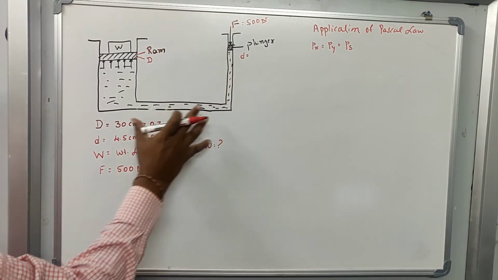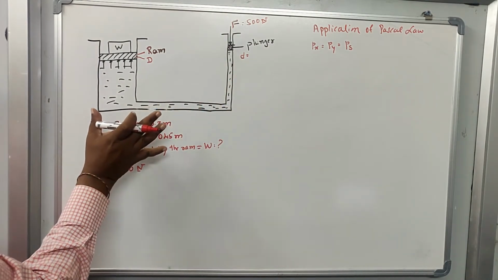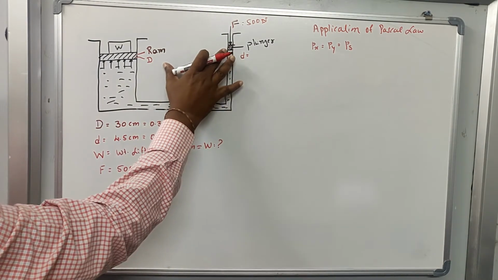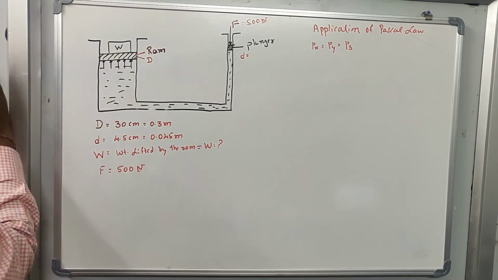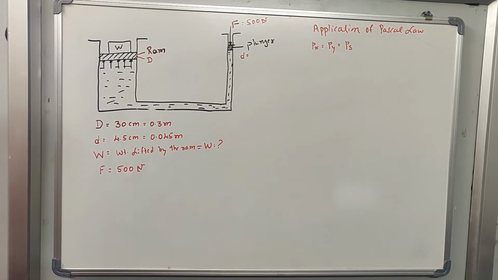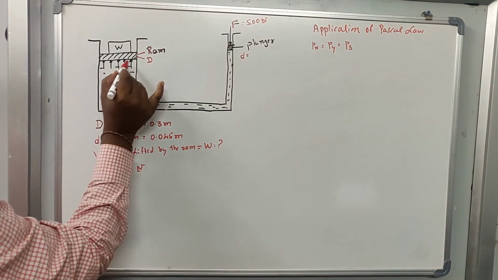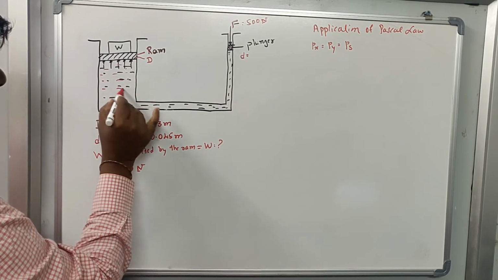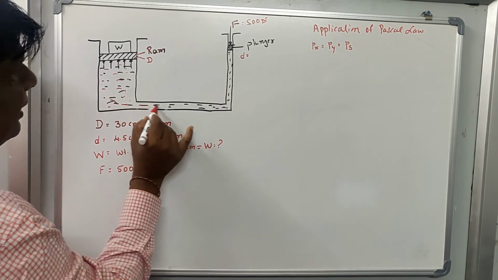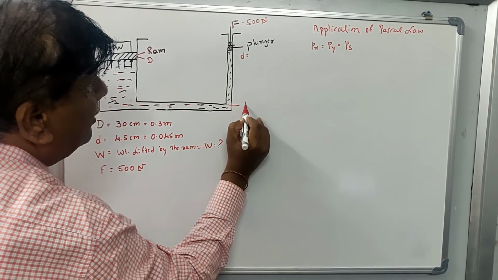This is a hydraulic press having a plunger at one end and a ram at the other end, and the space between the ram and plunger is filled with a fluid.